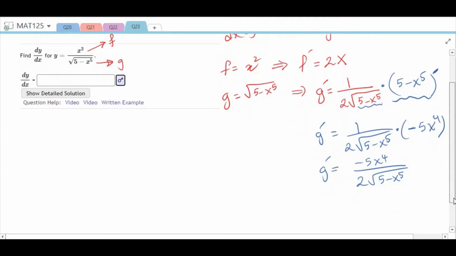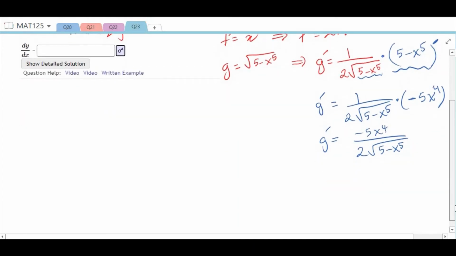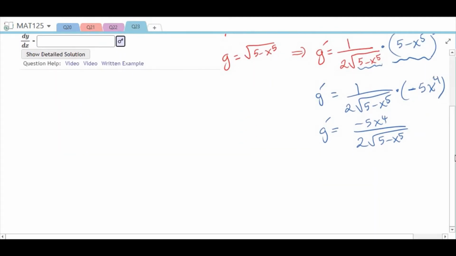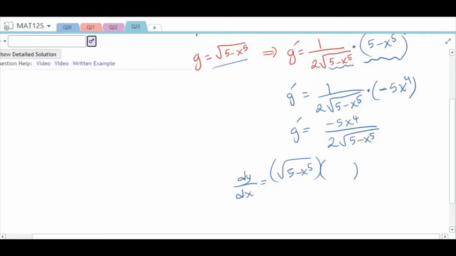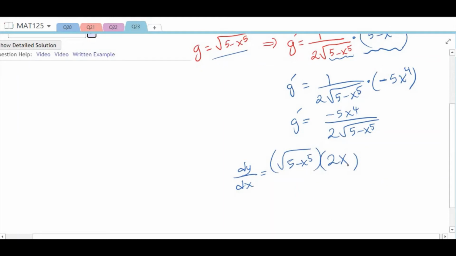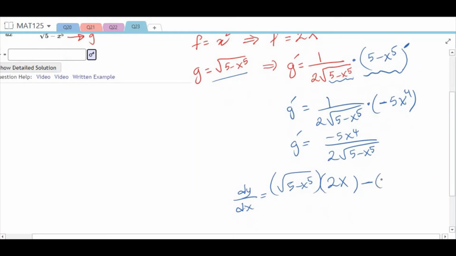Now I'm going to plug everything into the formula of the derivative of a quotient function. So we have the derivative of y, or dy over dx, equal to the denominator, which is g, the square root of 5 minus x to the fifth, times the derivative of the numerator, which is 2x, the derivative of f, minus the numerator, which is f, in this case x squared, times the derivative of the denominator, which is this hot mess right here.